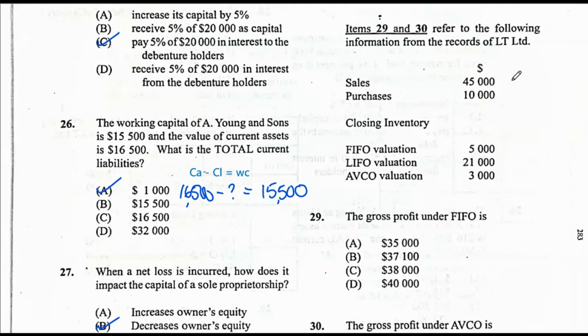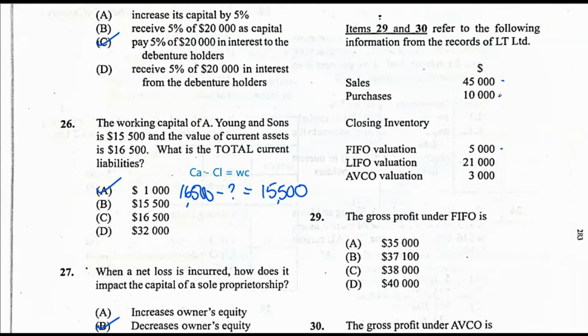Now to work out profits, or gross profit, that will simply be revenue minus cost, right? Let's check this out. Now our revenue is 45,000, purchases was 10, and the closing stock on the first in first out was 5. Alright guys, so that's how simple this is.